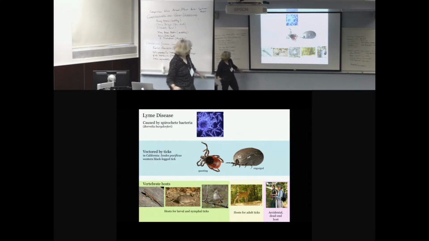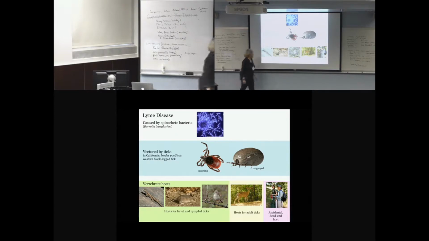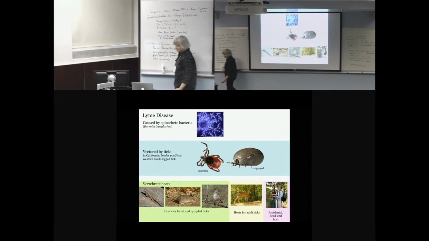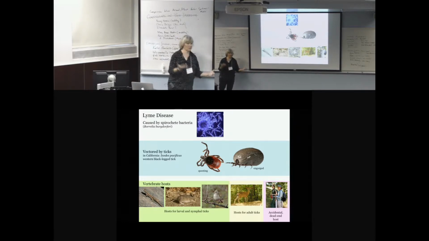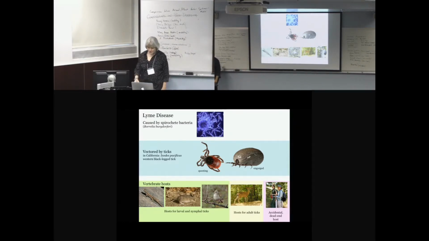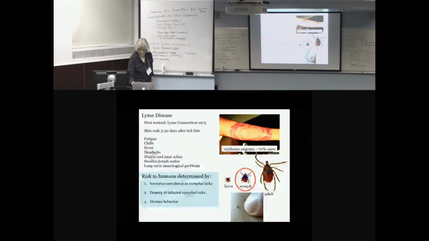There are some hosts that mainly feed the larval and nymphal stages of the ticks, some hosts that are hosts mainly for the adult stage of the tick. And then humans are really just accidental dead-end hosts. Humans don't really play any real role in this. Occasionally we get bitten by ticks. We get sick, but we aren't really transmitting it on and affecting the dynamics in the real system.